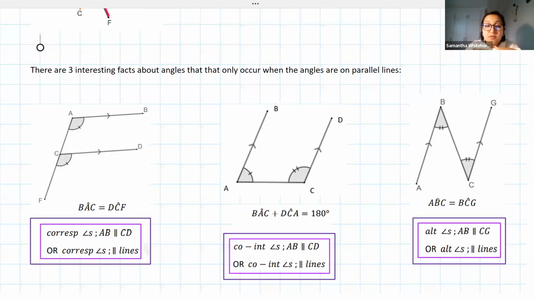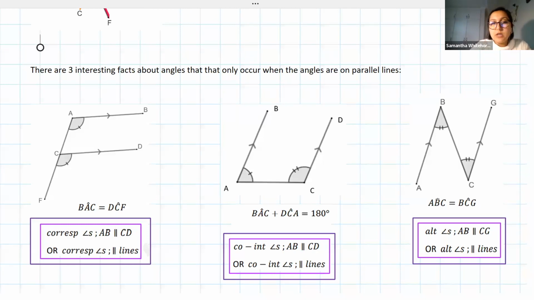I sometimes use Z because sometimes the N could be sideways and look like a Z. But what you need to get in your head is that these are the general shapes that we look for in our diagrams. When we have parallel lines, we get 3 cool relationships with those parallel lines and the angles that they create.